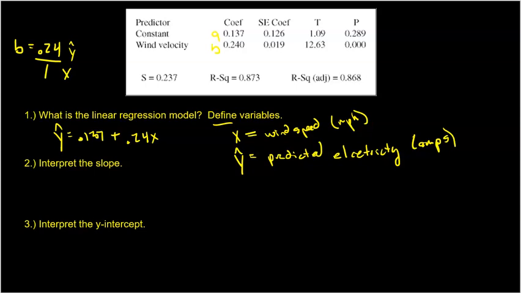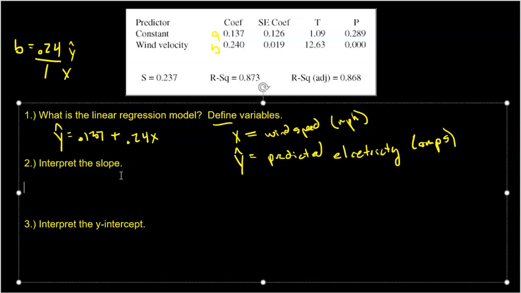Now we just got to write that real nice, right? So let's go ahead and actually start typing this in, because I know my handwriting is a little bit messy, so I'm actually going to type this in real nice. That way it's very, very clear. All right, so if I'm interpreting the slope, I'm going to say the slope of 0.24, and look, I already have a typo there.